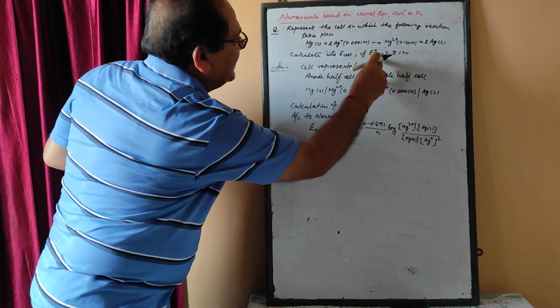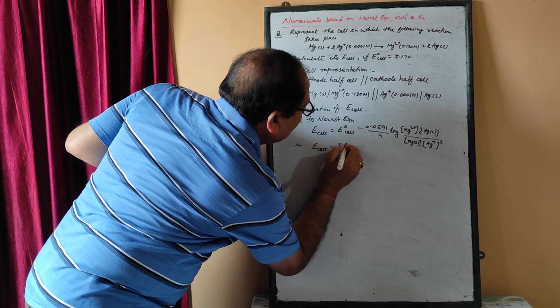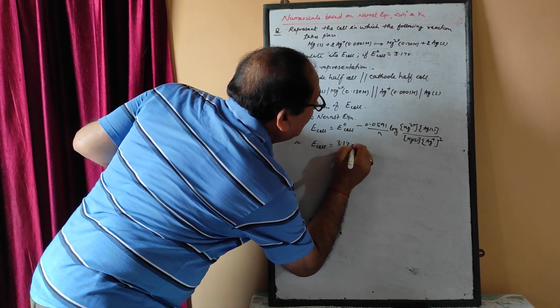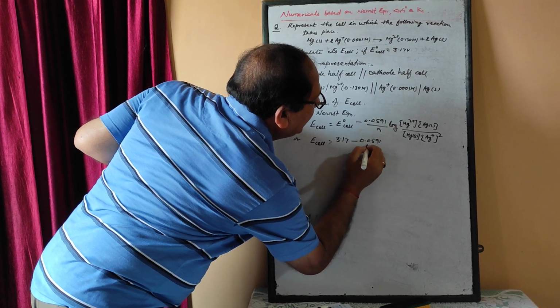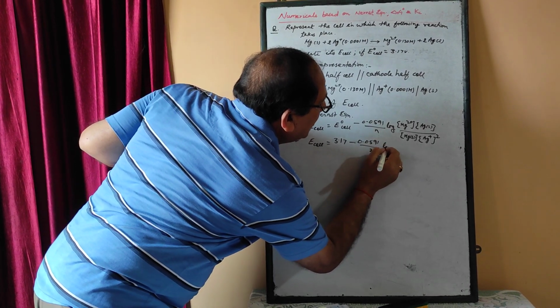E naught cell is given as 3.17, so E cell is 3.17 minus 0.0591 divided by 2 log.